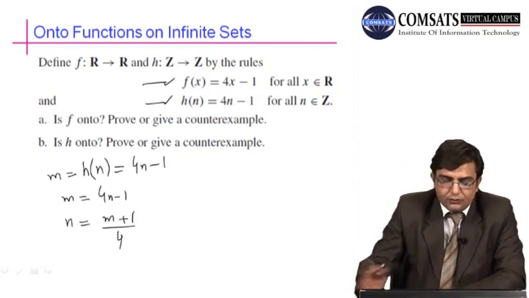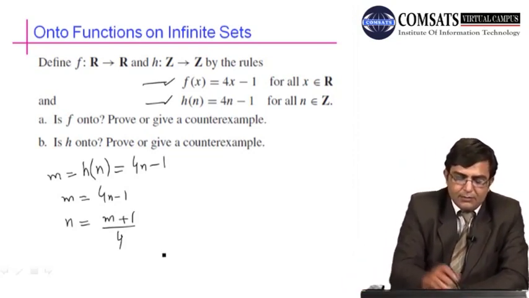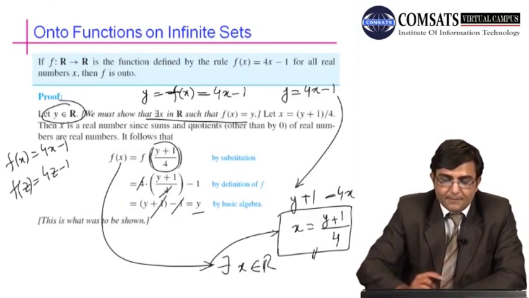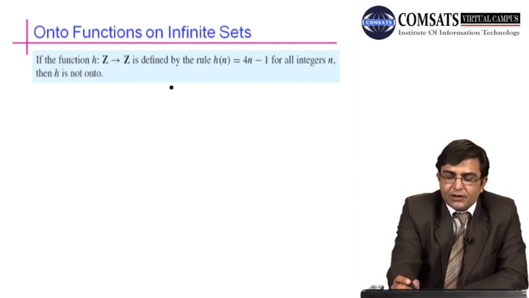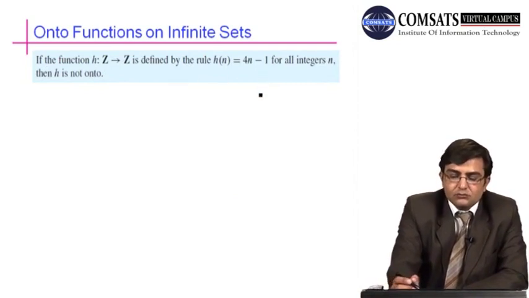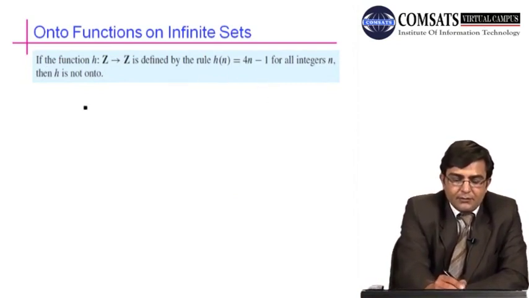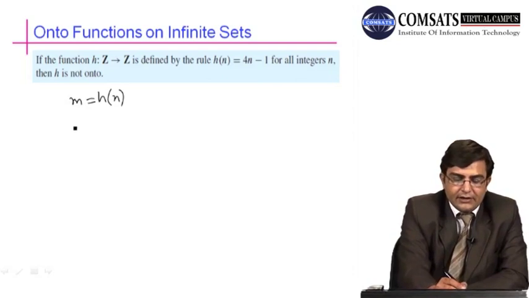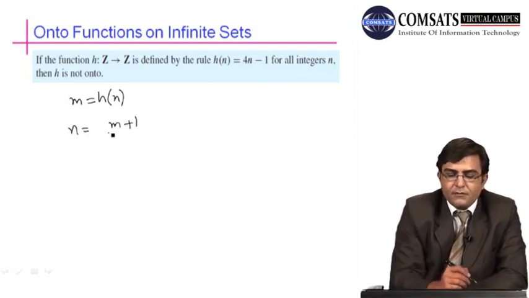Now we have found n is equal to m plus 1 divided by 4, where h of n is 4n minus 1. We suppose m is h of n, and we have found here n is basically m plus 1 divided by 4.